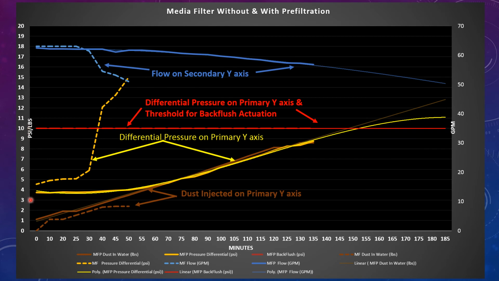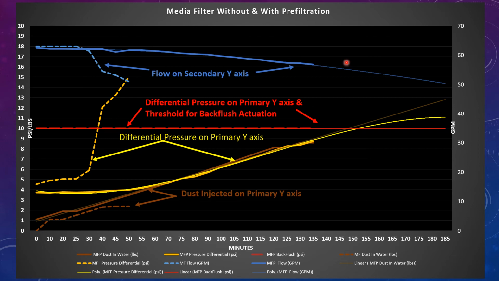So on this axis, the primary y-axis, we have PSI and pounds. On this axis, we have gallons per minute, and on this axis, we have minutes. The dashed lines represent the data sets for the test without the CPH16 as the first stage, and the solid lines are the data set for the test with a CPH16 upstream of a media filter.